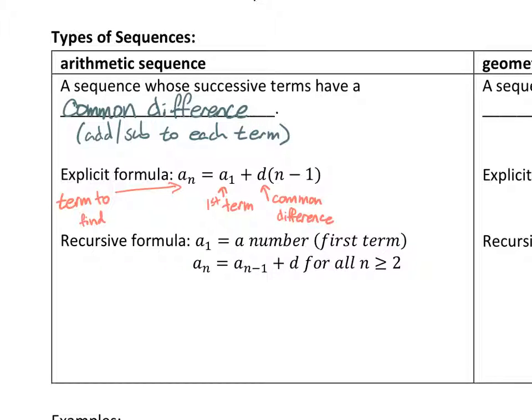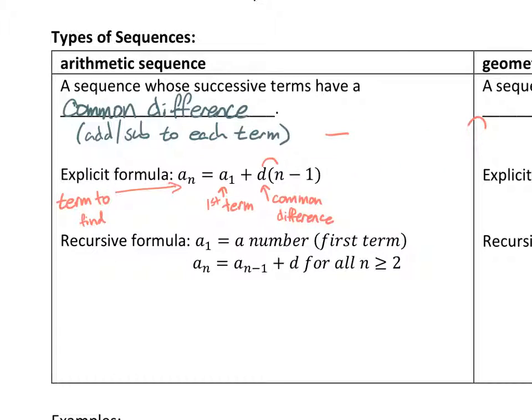Now, if I have a sequence, and you have to write this part down, but I have some sequence and I'm starting off with a term here, and I want to get to some other term. Maybe I'm trying to find this term here, and I'm adding the same number every time. Again, don't write this down, just follow me for a second. If I'm adding the same number each time, well, repeated addition is just multiplication. So that's why we're going to multiply these two together, and then the n minus 1 is just telling you how many times you have to multiply.